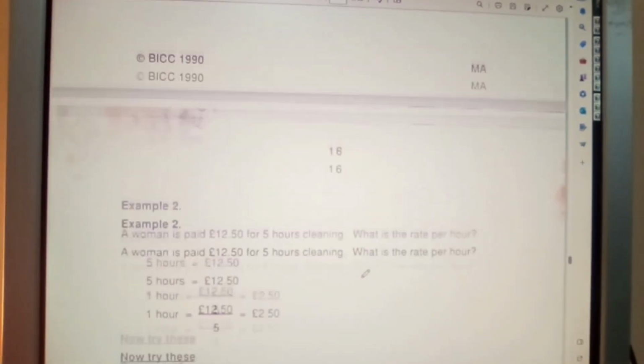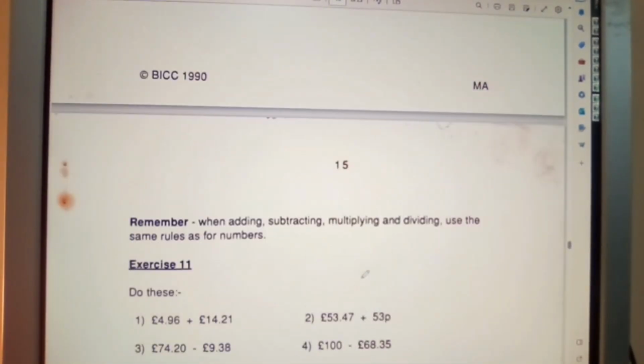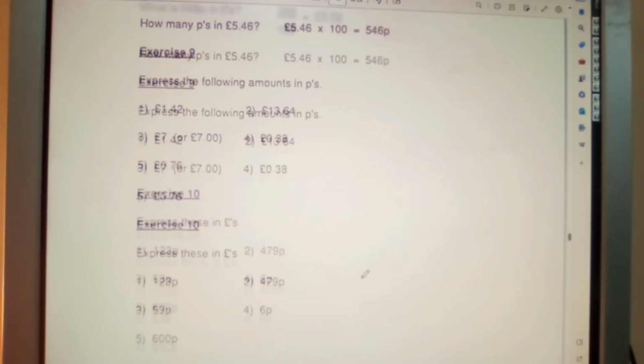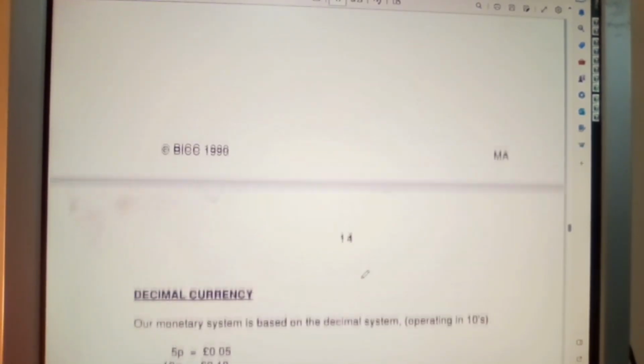Okay, just to make sure that when I come to replay it, I've not missed out some pages or had the camera turned the wrong way.